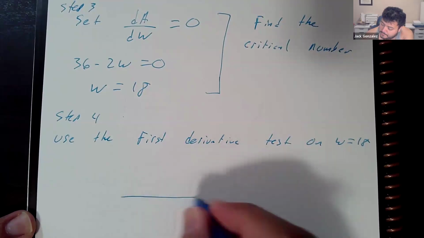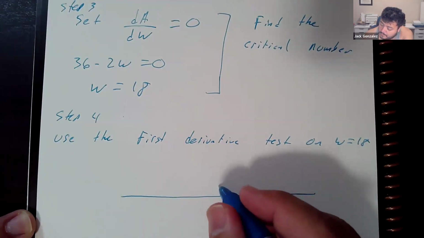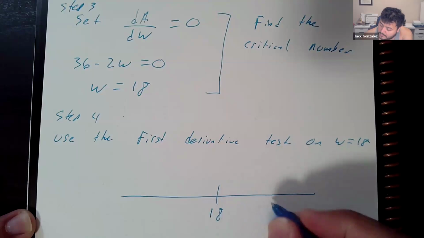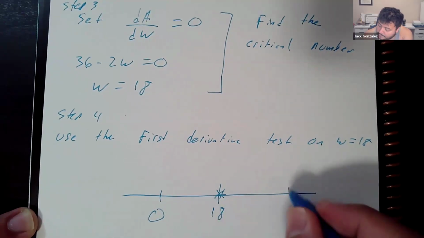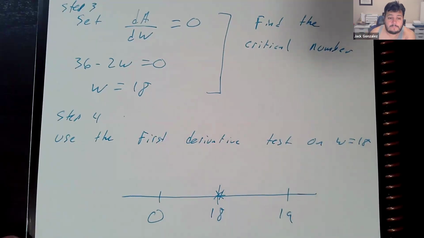Here we go. Here's 18. Pick whatever over here. I'll pick 0. I'll pick 19, I guess. Plug this into your derivative.